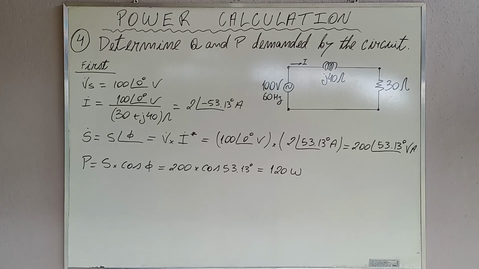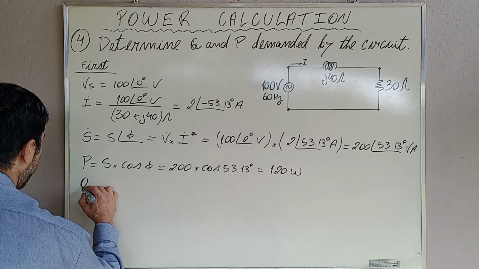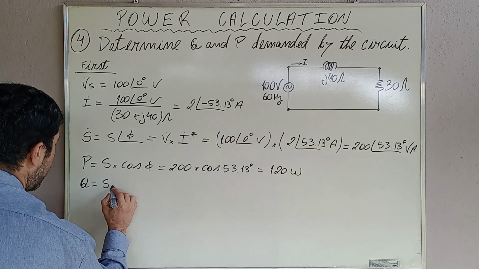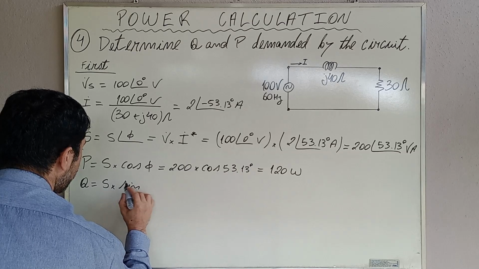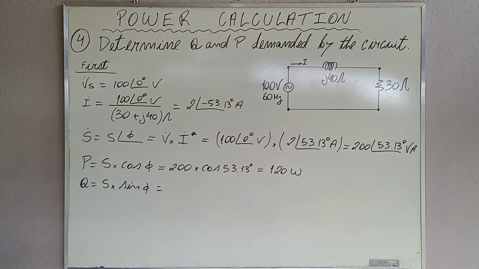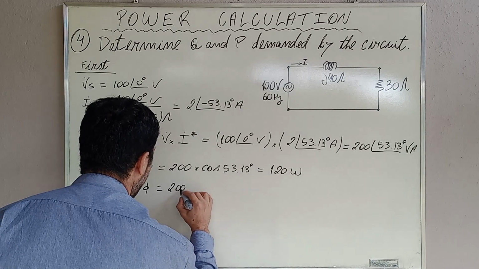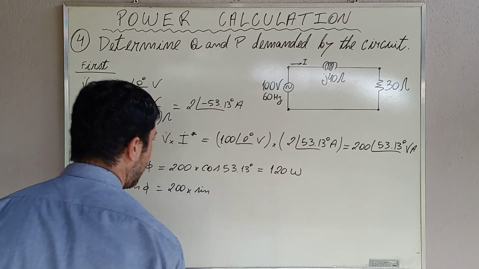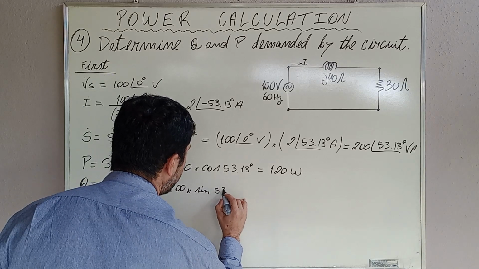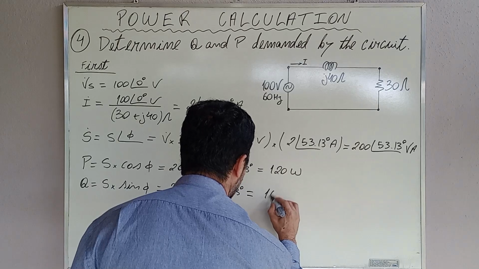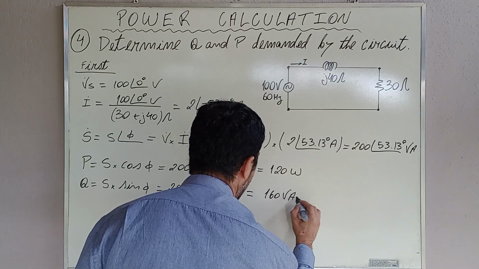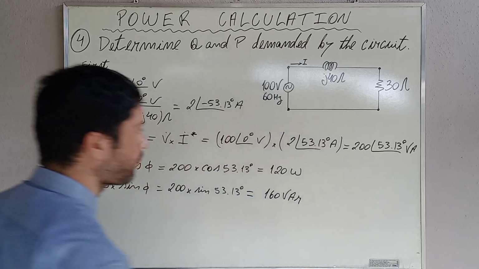Likewise, we can calculate the reactive power. The reactive power, Q, is equal to the apparent power times the sine of the angle, 200 times the sine of 53.13 degrees, and this is equal to 160 VAR.